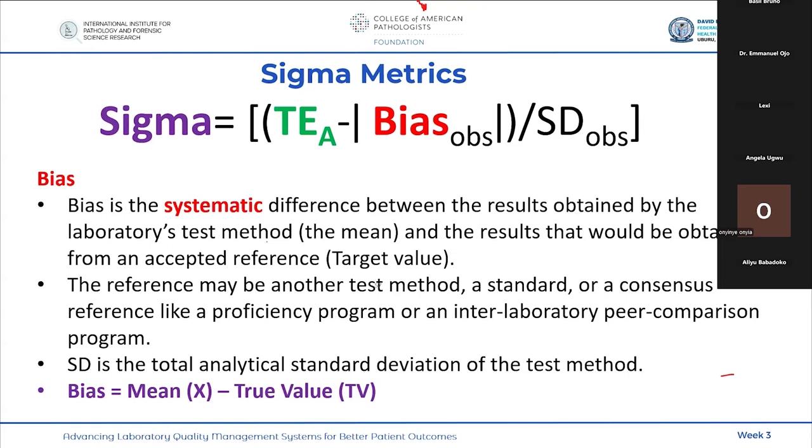The bias is the difference between the results obtained by the lab test method, which is the mean, and the result that will be obtained from an accepted reference value, the target value. Most of the time, you get the target value from, let's say, a PT sample or a reference laboratory. And then the standard deviation is the total analytical standard deviation of the test method. We have shown an example of the formula for calculating standard deviation earlier. Bias simply means the mean minus the true value.